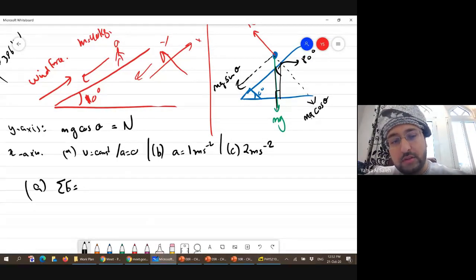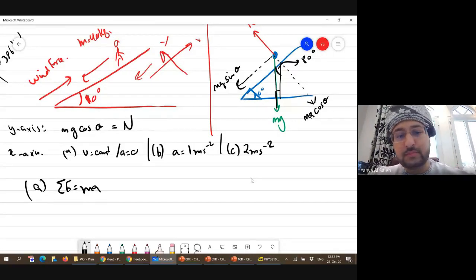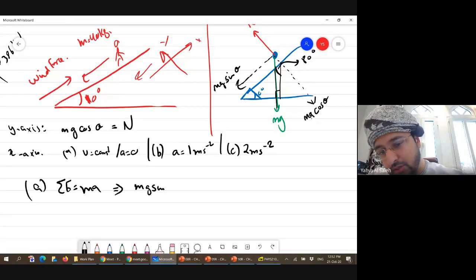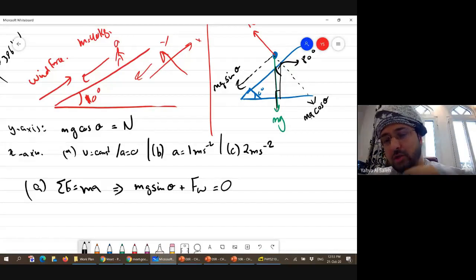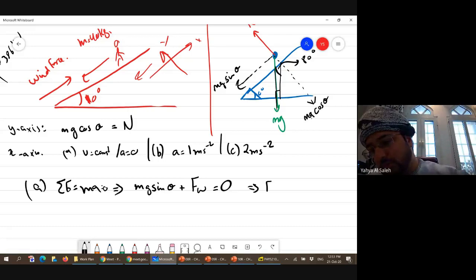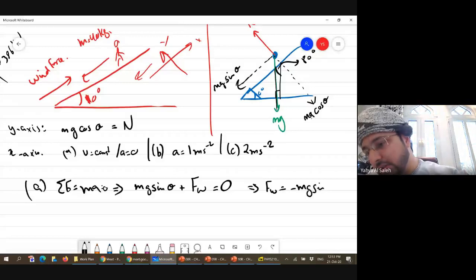Sum of the forces is equal to MA, which means that mg sine theta plus the force of the wind needs to be equal to 0 because our a is 0, which means that my force of the wind needs to be equal to minus mg sine theta.